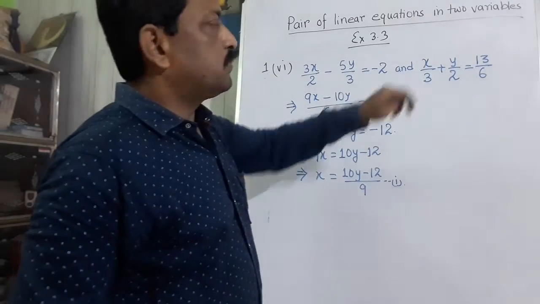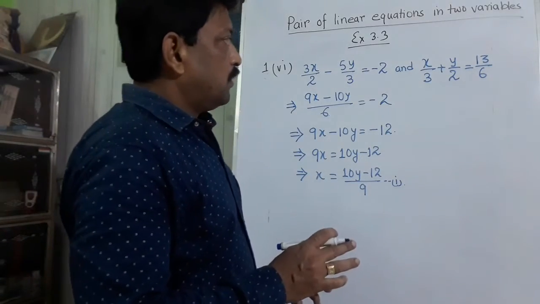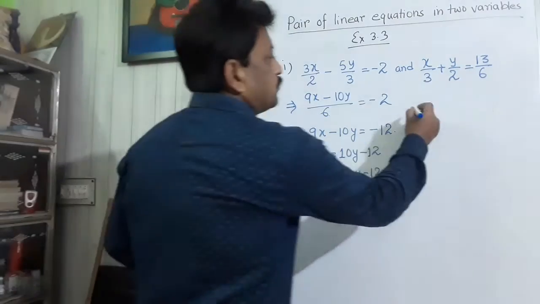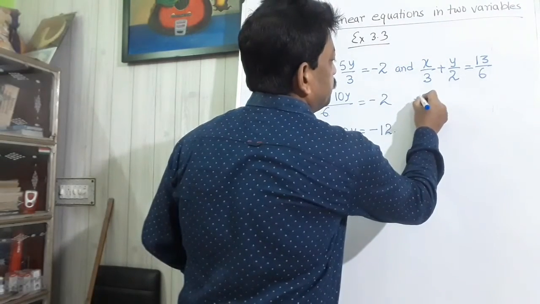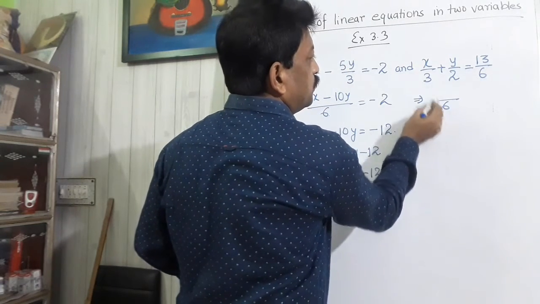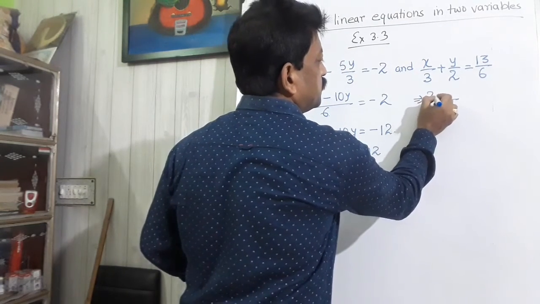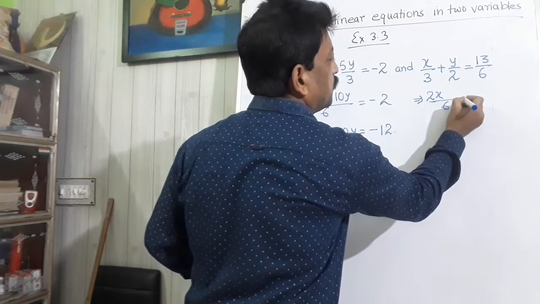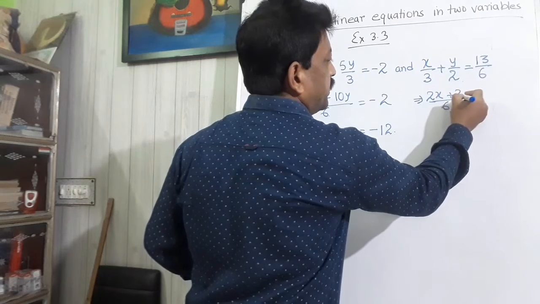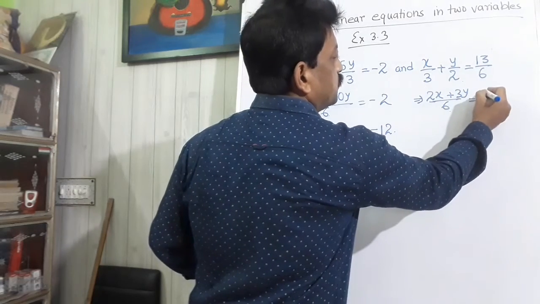Similarly, here also I am removing the fraction form. So here also the LCM is 6. So 6 divided by 3 is 2. 2 into x is 2x. Plus 6 divided by 2 is 3. 3 into y is 3y. Equals 13 upon 6.